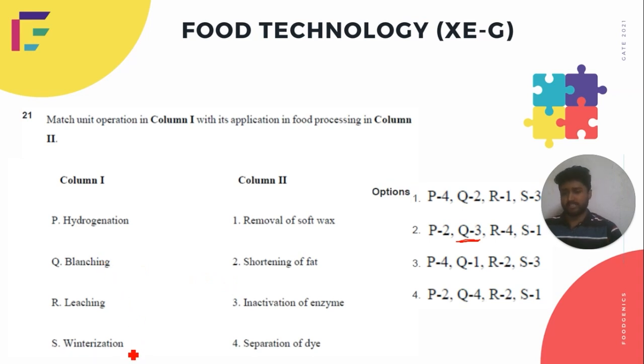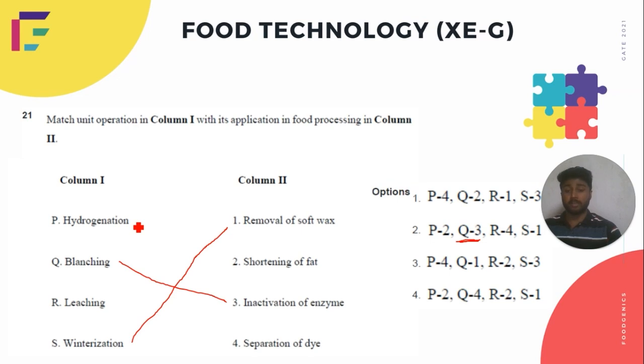Then this is winterization. Winterization is in oilseed processing. In refining we have one stage, that is winterization, which is mainly for the removal of wax. So S relates to 1, S1. Then blanching is Q3. Then hydrogenation mainly helps in solidifying the fat.